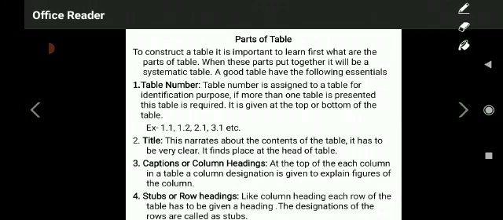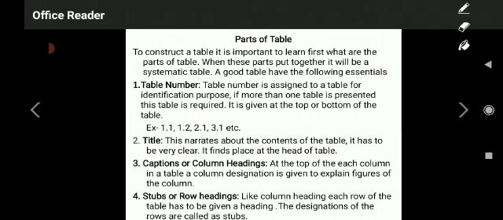Wrongly I have written table over there; it is the number. So if our data is fitting in more than one, two, three, or four tables, we need such table numbers. It is given at the top or bottom of the table. You must remember, you can mention the number either at the top of the table or at the bottom.